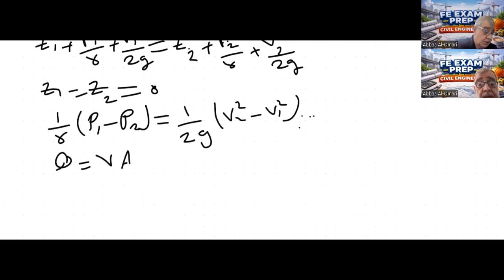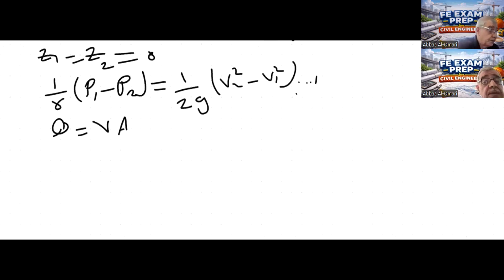We substitute the values. We have 1 over gamma, P1 minus P2 is 2000, given in Pascal, equals 1 over 2G times V2 square minus V1 square.